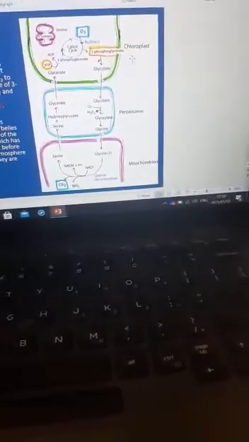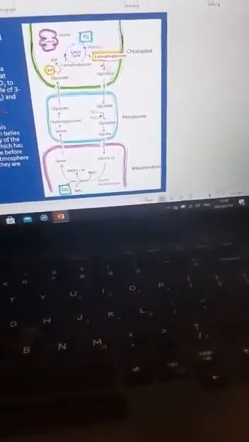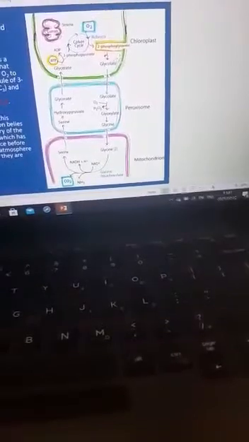This is taking place within the chloroplast. That glycolate is basically what we're interested in now. The phosphoglycolate is going to lose its phosphate group and become glycolate, as you can see here. Then the next step is going to be the delivery of this glycolate from the chloroplast into the peroxisome.